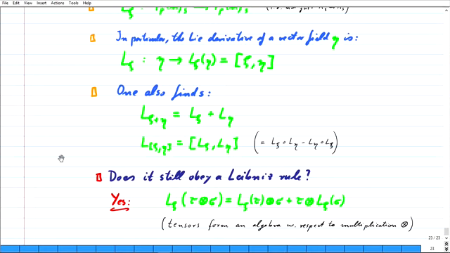We're not going to use that algebra very much, but it's nice to know that we could have defined this Lie derivative on general tensors also from an algebraic perspective.